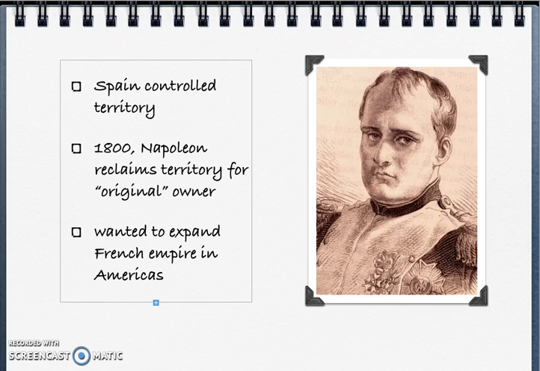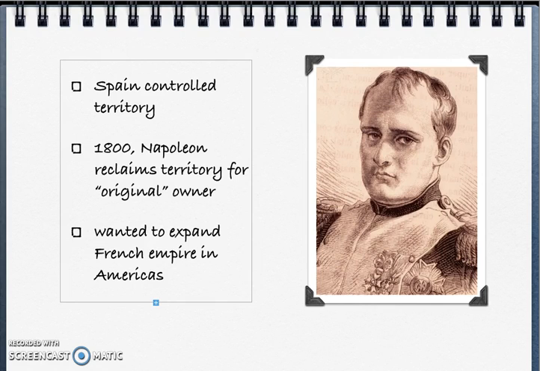But in 1800, Napoleon Bonaparte forces Spain to give the territory back to what he refers to as the original owners, the French. But of course, we know that the original owners were not the French, that people were inhabiting these lands long before any Europeans came to it. But that's what, of course, grandiose Napoleon Bonaparte thought.